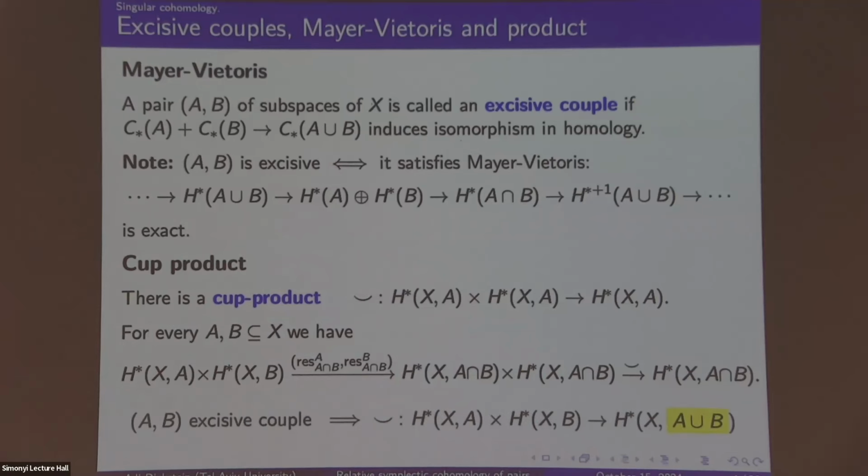But in the case of an excisive couple, we can upgrade it and get that the product goes to the pair (X, A union B). You can think about it like in de Rham cohomology: if we have two differential forms, the first vanishes on one set and the second vanishes on the other, then the wedge product vanishes on the union. So that is the picture. Any questions about this? No, great.